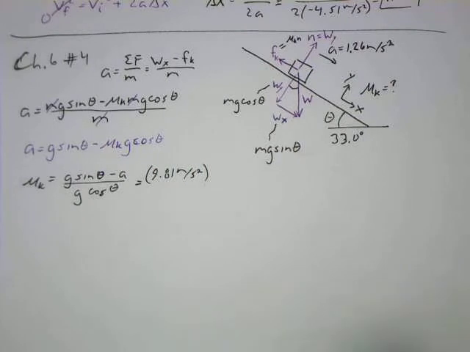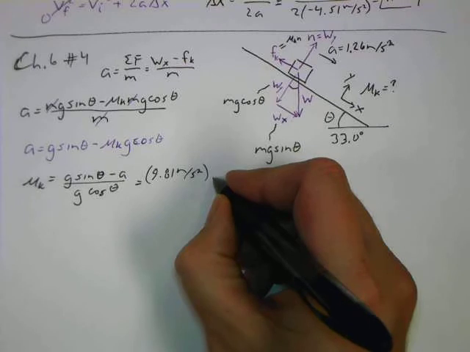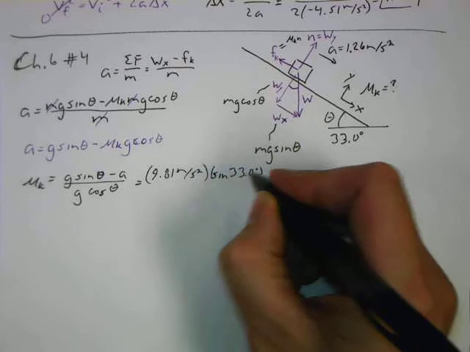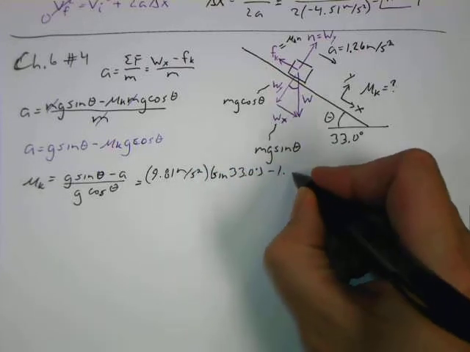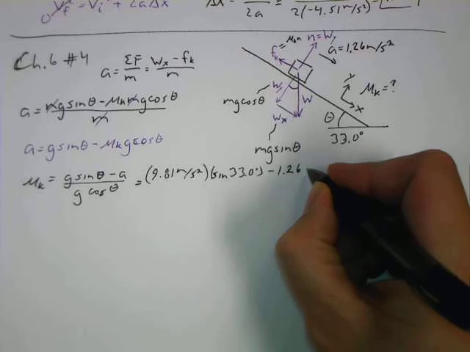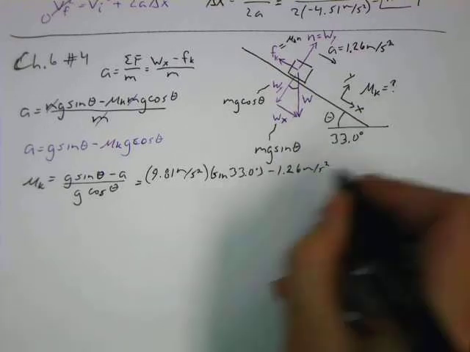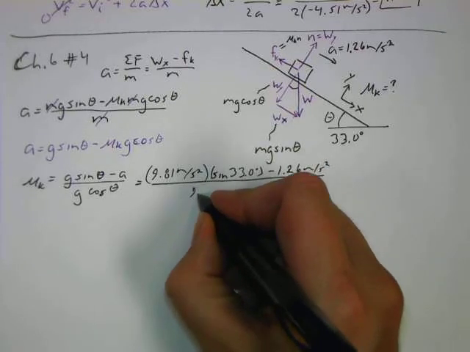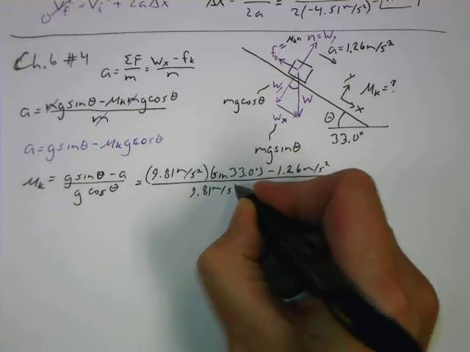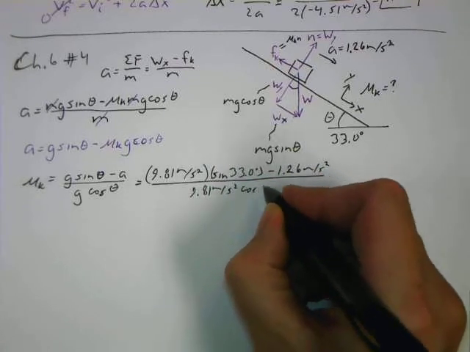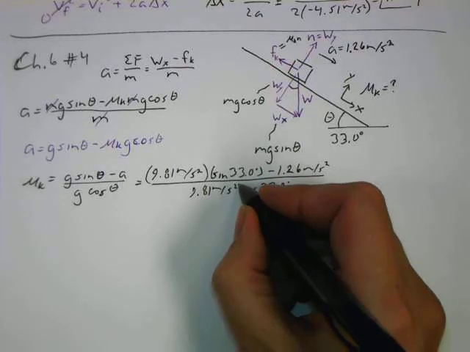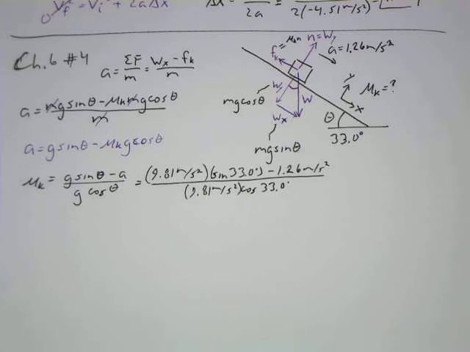I already assigned everything negative when I wanted it to be negative, positive when I wanted it to be positive. 9.81 meters per second squared times the sine of 33.0 degrees minus my acceleration of 1.26 meters per second squared divided by, again, 9.81 meters per second squared, this time multiplied by the cosine of 33.0 degrees. And it does make me feel better to do that.